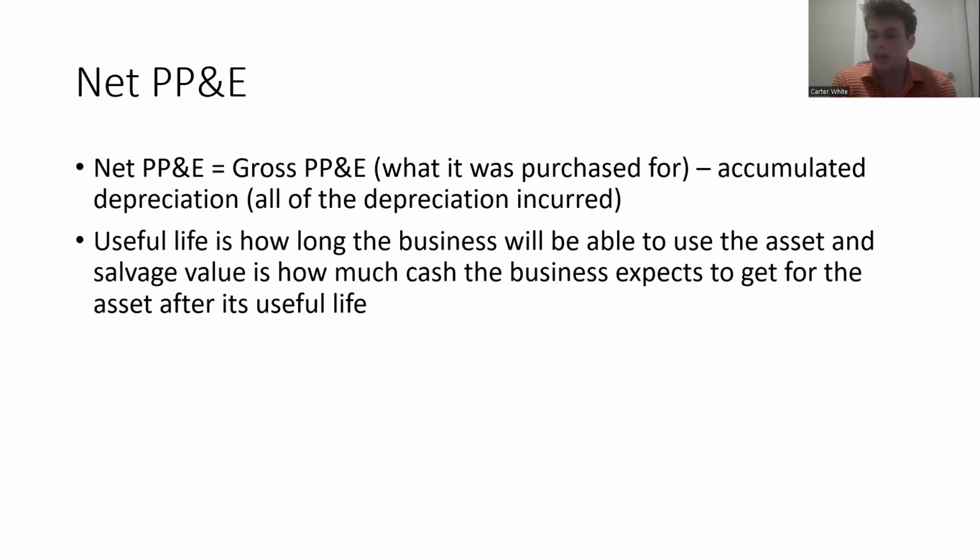For instance, let's say that house I bought for $1 million has a useful life of 10 years, and we could say it has a salvage value of $600K. That means after 10 years from now, the time I'm going to live in the house and use it as an asset, I could sell it for $600K, meaning that it's going to go from $1 million to $600K. It's going to be depreciated a total of $400K over that time.